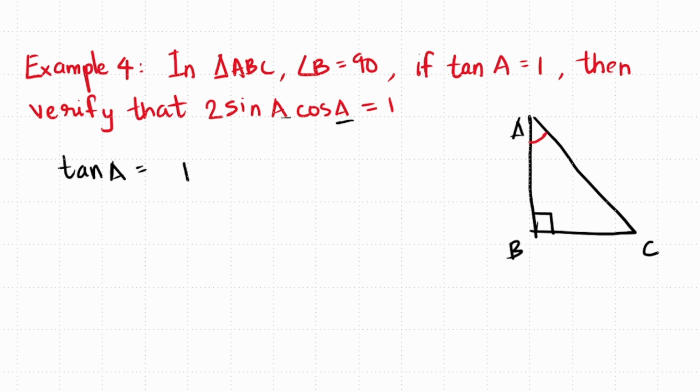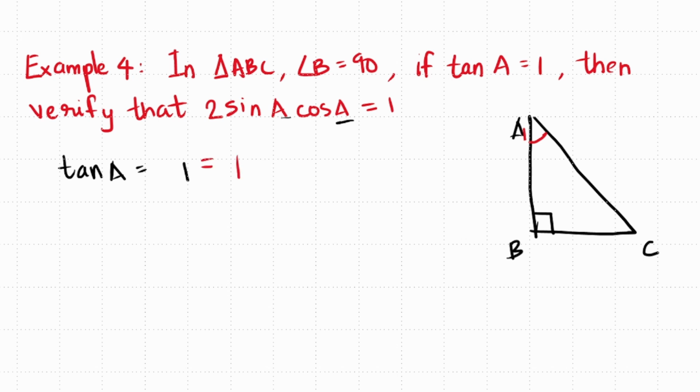Angle A over here. And tan is nothing but opposite side by adjacent side. So with respect to A, the side which is opposite is BC, and which is adjacent is AB.